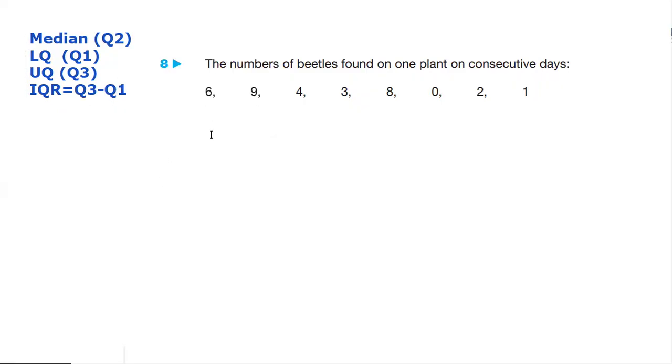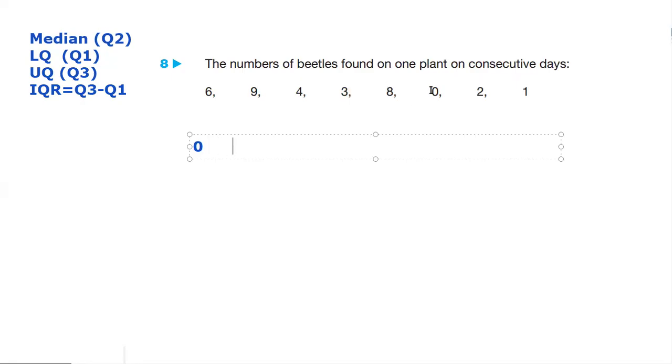Okay. First thing you do, you have to put the data in order of size. So let's start with the smallest ones. So first one is 0. Once you use it, you have to remove it, but you have to focus on that.